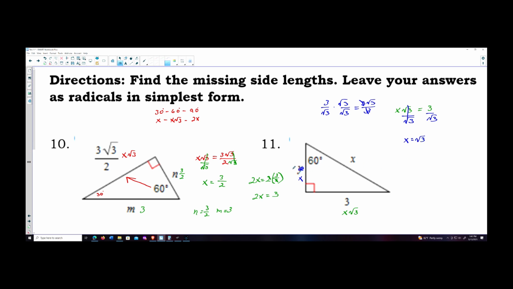So x is the square root of 3 in the formula, so my answer for y is the square root of 3. Then I look for the hypotenuse, what's across from 90, so just double it, 2 times the square root of 3. So y equals the square root of 3, and x equals 2 square root of 3. And that would take care of number 11.